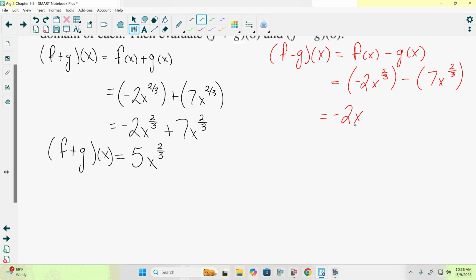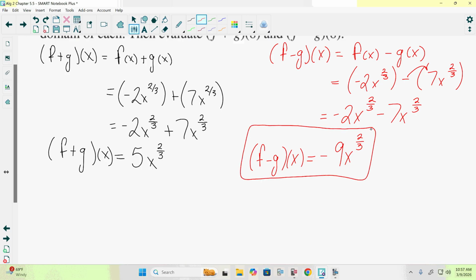Our negative 2x to the 2/3 stays the same, but because we're subtracting, we apply that negative to the 7. It goes from positive 7x to the 2/3 to negative. So we're saying negative 2x to the 2/3 minus 7x to the 2/3. Negative 2 minus 7 would be negative 9. Telling us our f minus g of x is negative 9x to the 2/3.